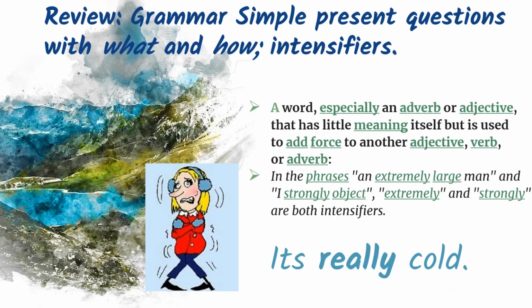So we add a little bit of force for this sentence, meaning it's really cold. It's really cold because it's snowing, something like that. But you can also say it's cold, meaning it's bearable.